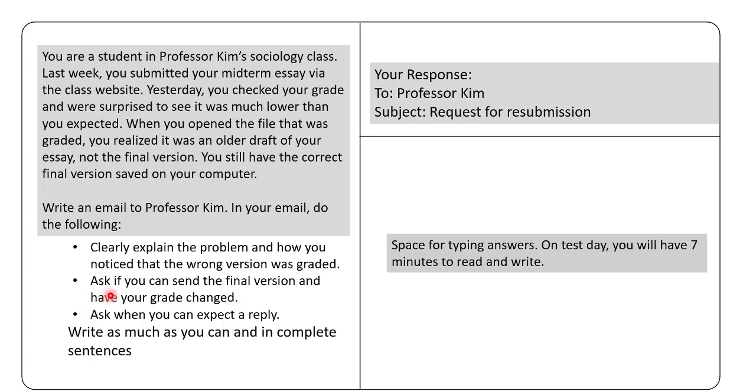Second, ask if you can send the final version and have your grade changed. So this is the second thing we need to include in our email. And the third bullet point, ask when you can expect a reply.